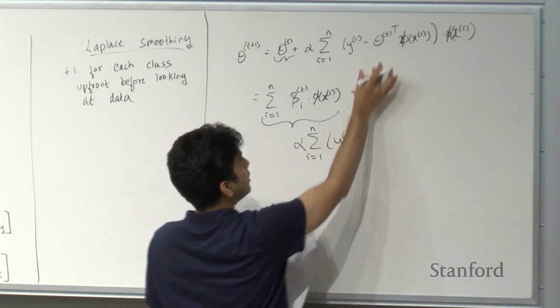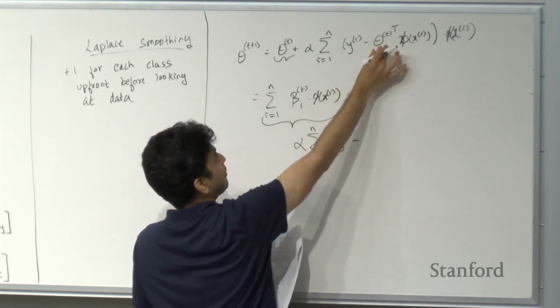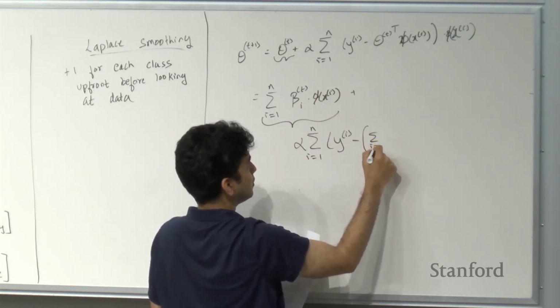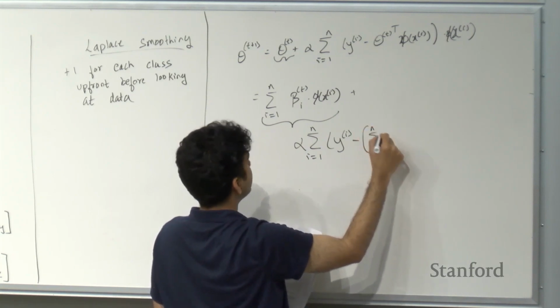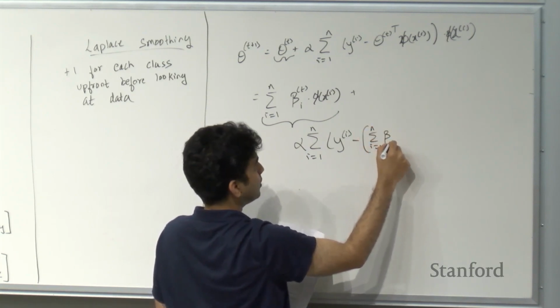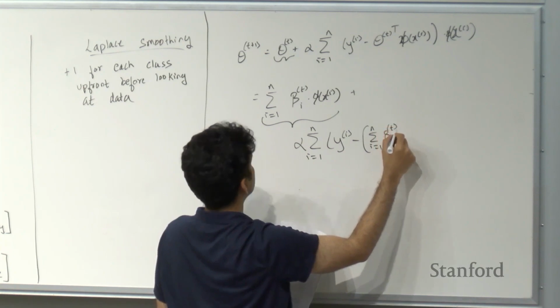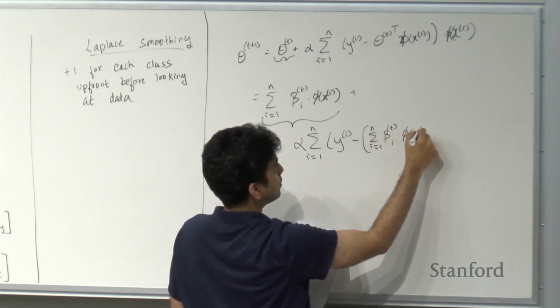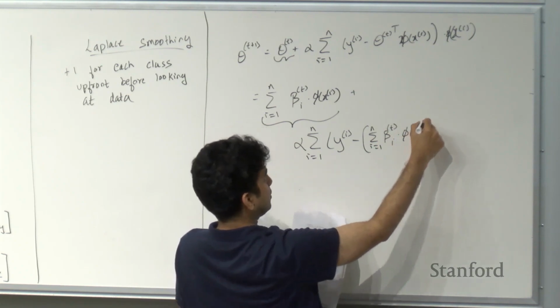of yi minus, again we're going to expand this, the sum from i equals 1 to n of beta i of t times phi of xi.